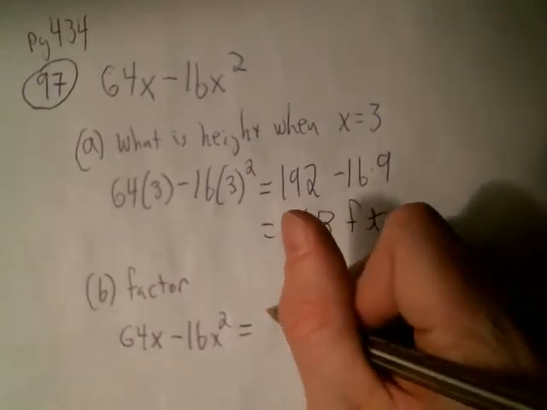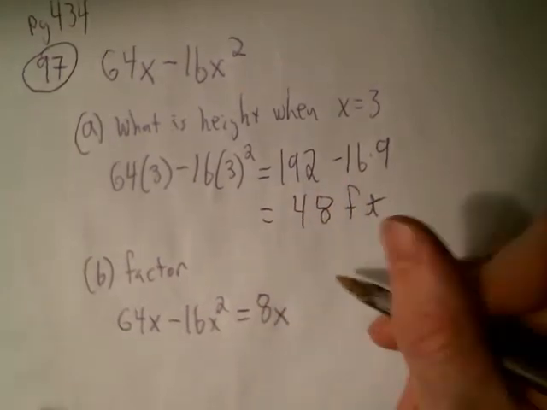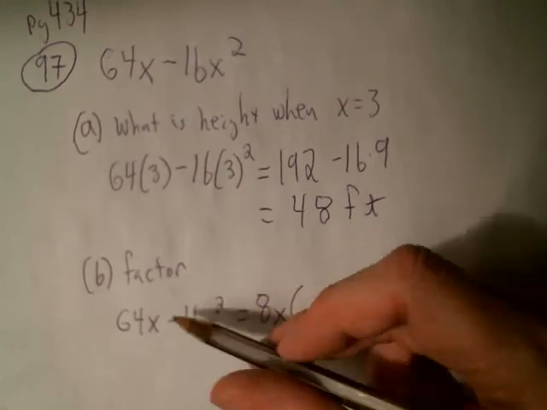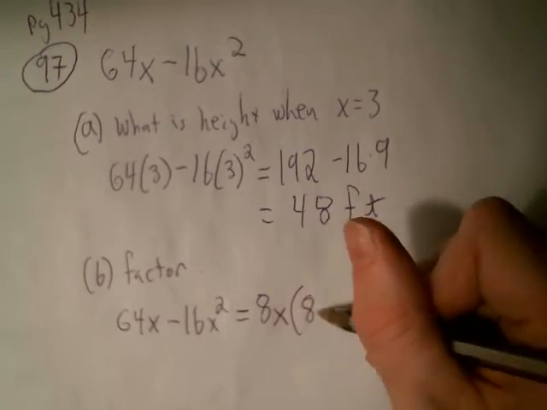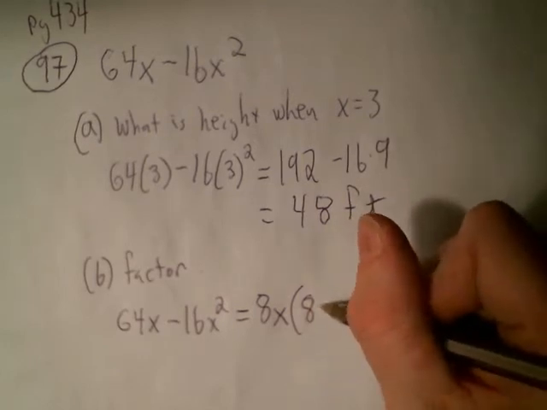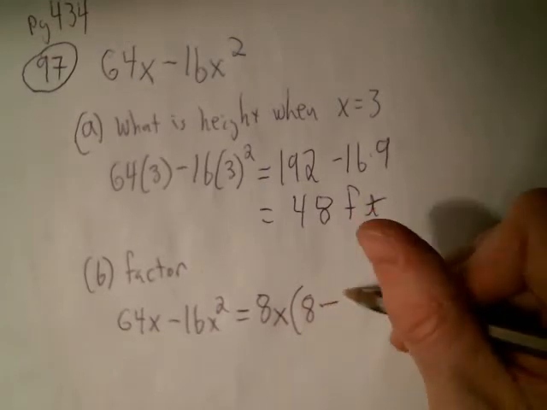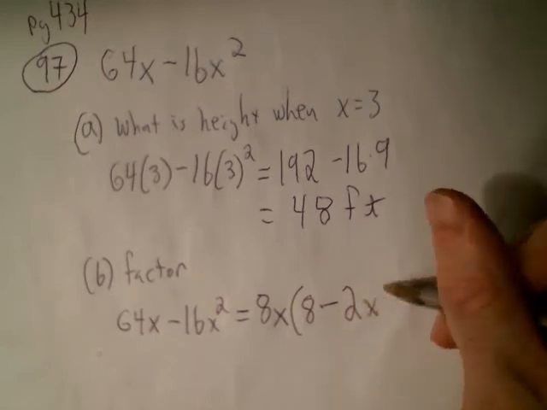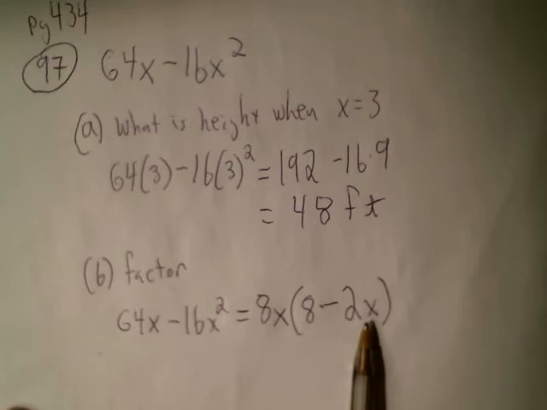Let's say I just didn't see the greatest common factor, and I pulled out 8x. 8 times 8 is 64, so I'll have an 8 there, and then minus 2x. And it's pretty clear now that this binomial has a common factor of 2.